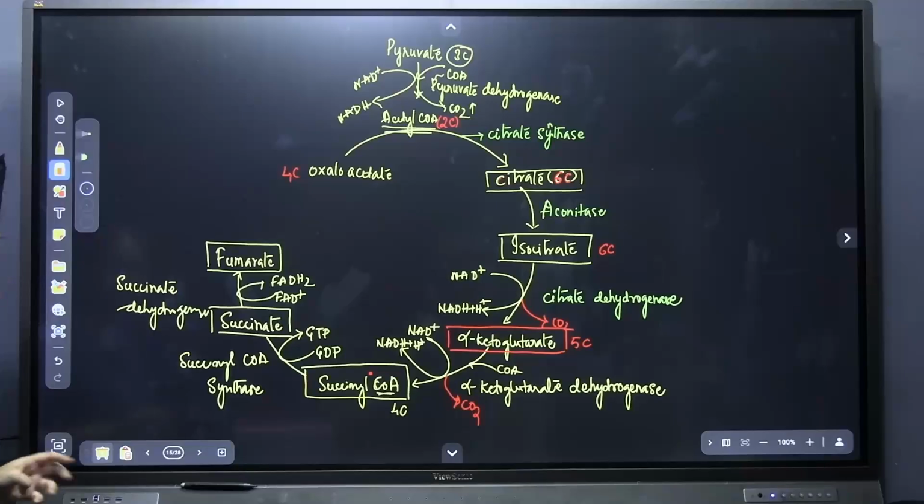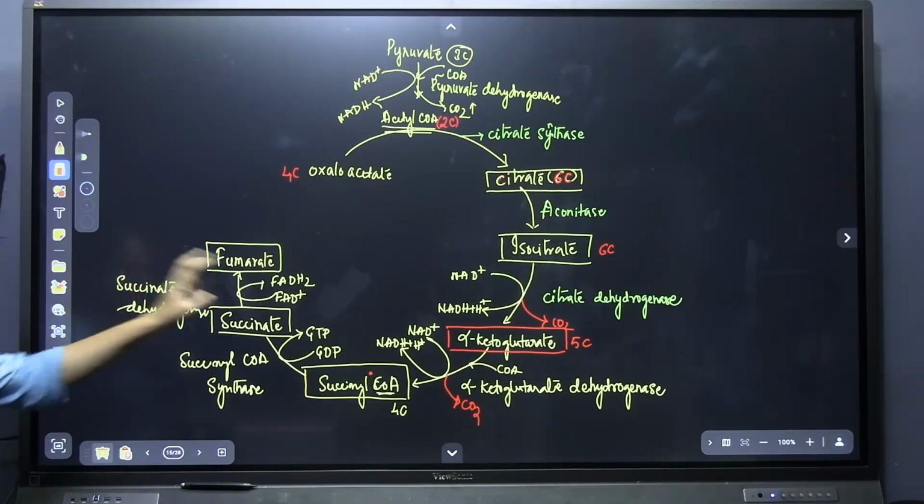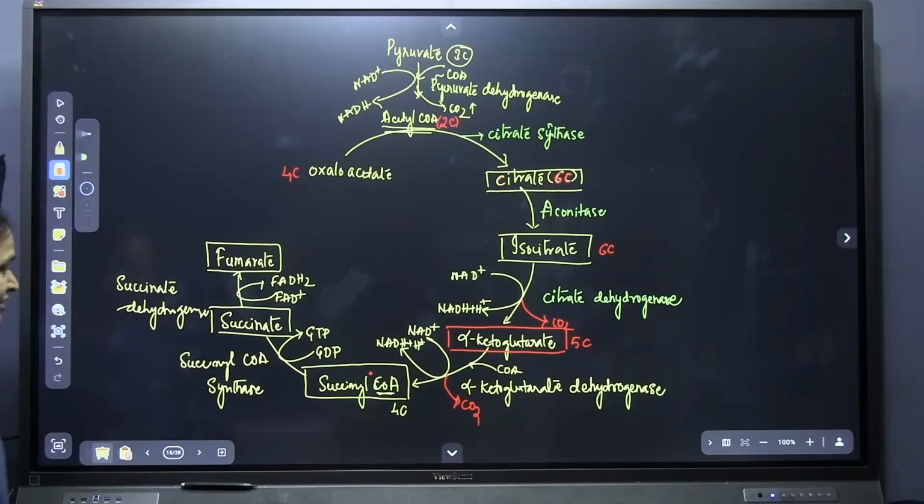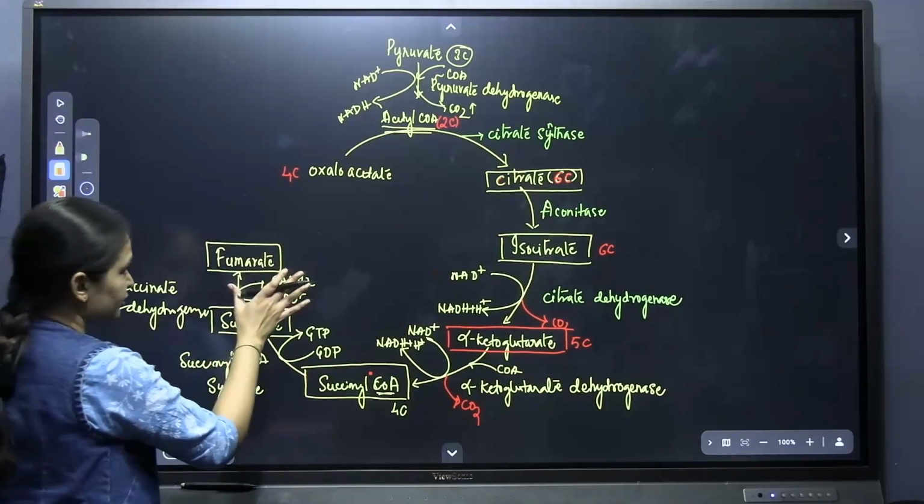Understood? Succinate will be converted to fumarate with the help of succinate dehydrogenase enzyme, where one molecule of FAD plus is converted to one molecule of FADH2. This is also oxidation. Oxidation has taken place here also.